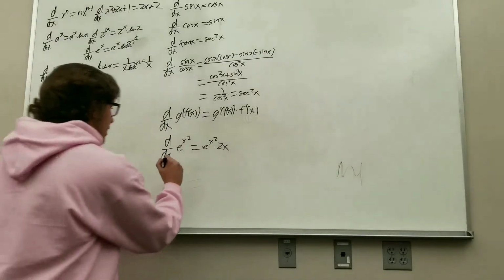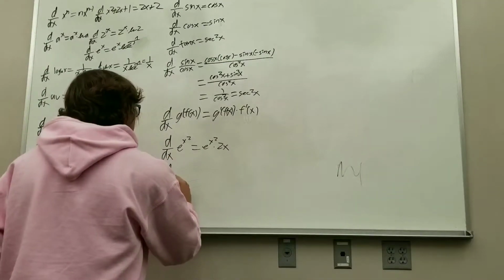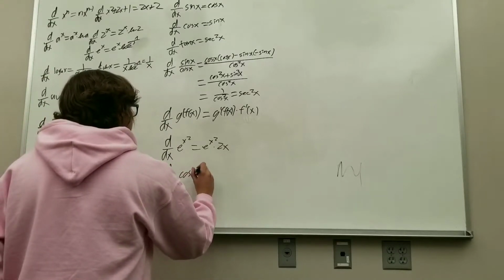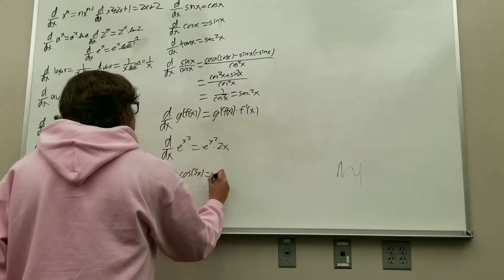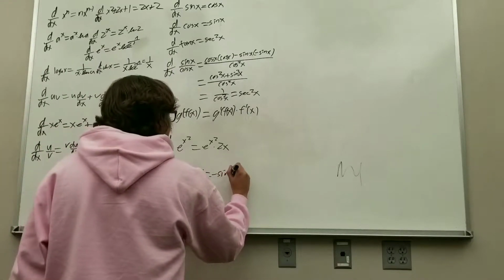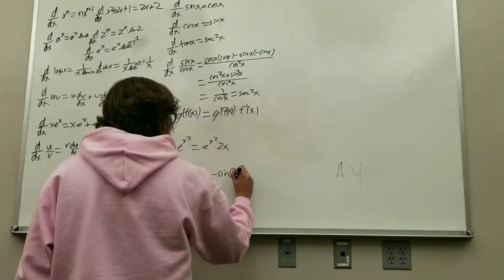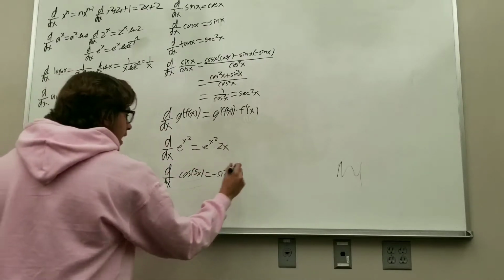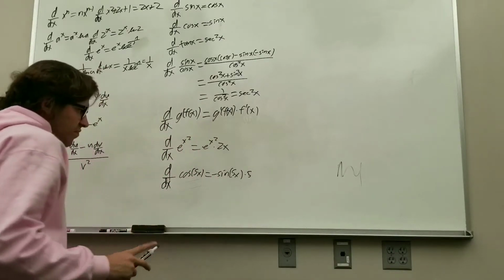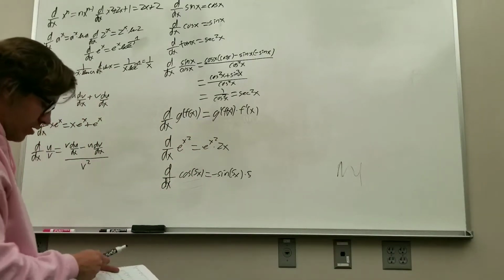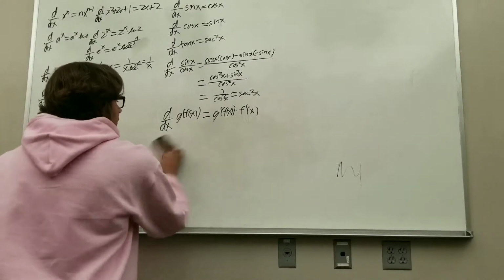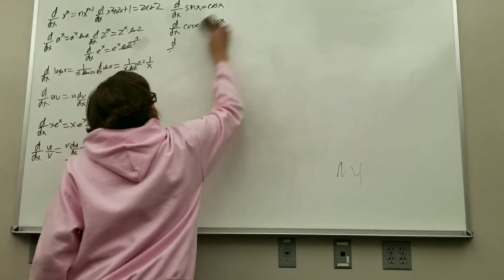And another example of this, because it's so useful, is if you take the derivative of cosine of 5x, you're going to take the derivative of the outside, that's going to become negative sine of 5x, because we keep the inside the same, times the derivative of the inside, which is going to be 5. And that concludes what I want to go over for differentiation. And now we're going to go over integration.